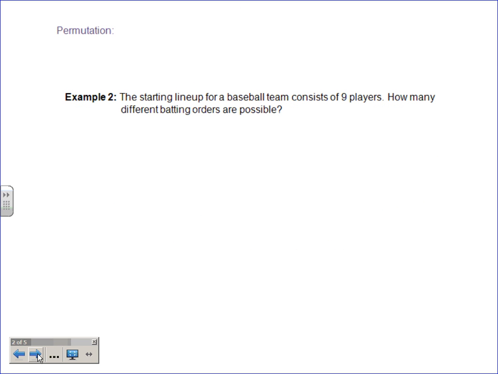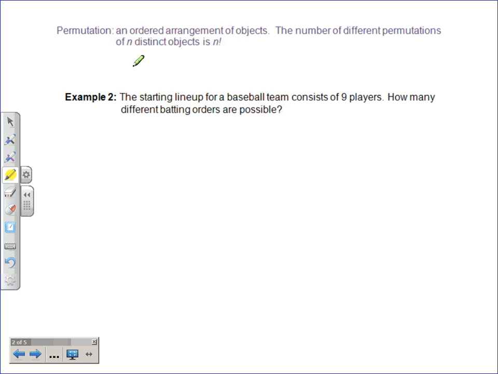Permutation. Anybody remember what that is? I think this is under the PRB button on some of those calculators. An ordered arrangement of objects. In other words, meaning order matters or does not matter?